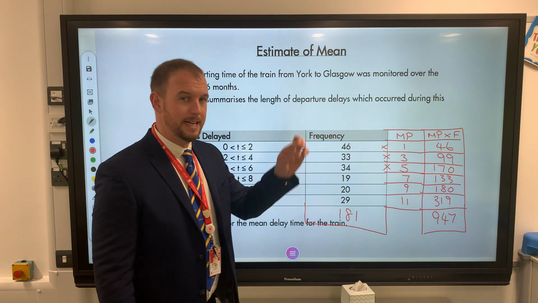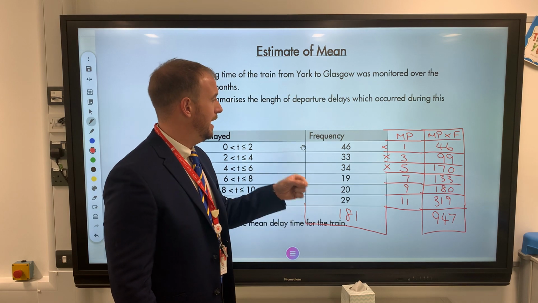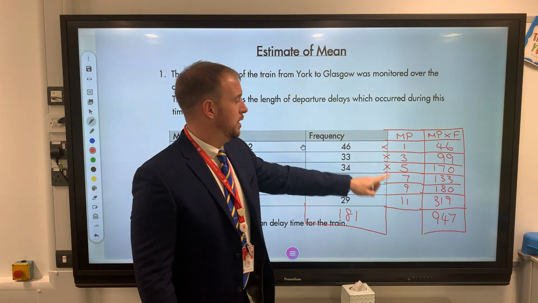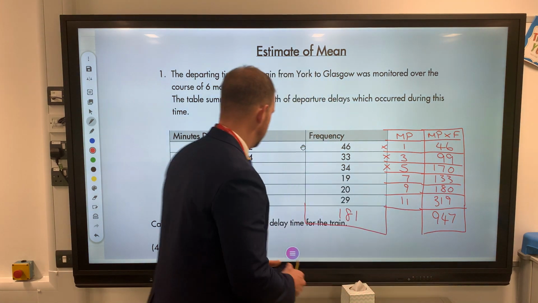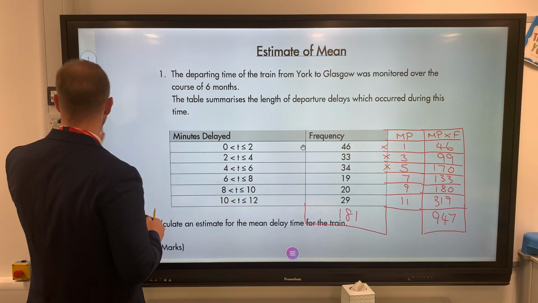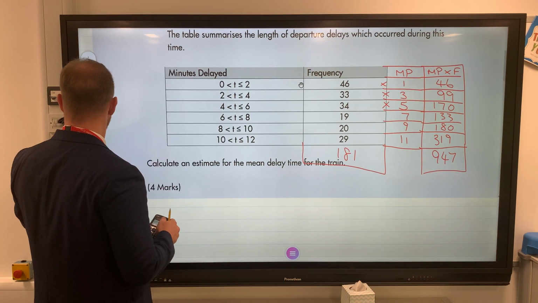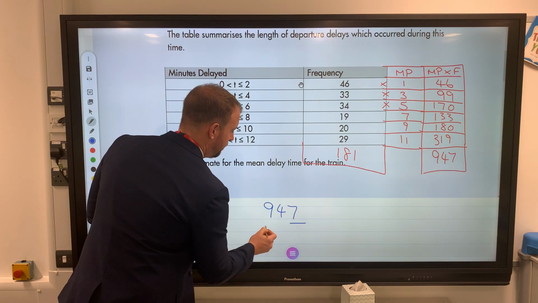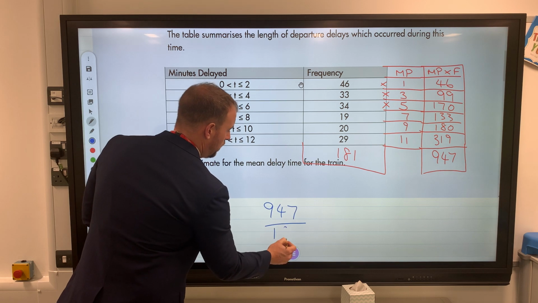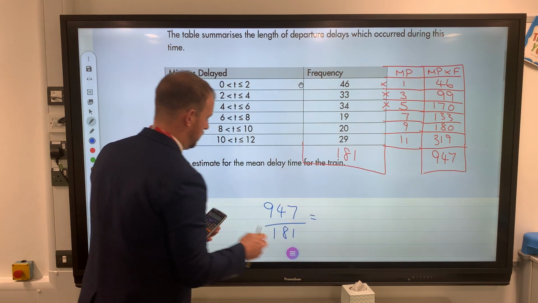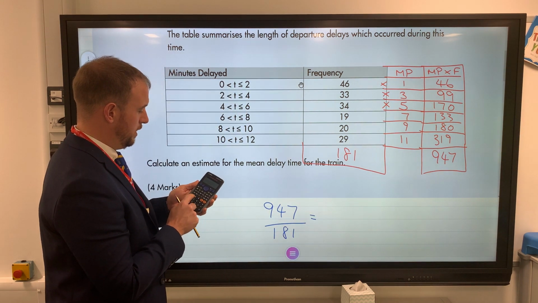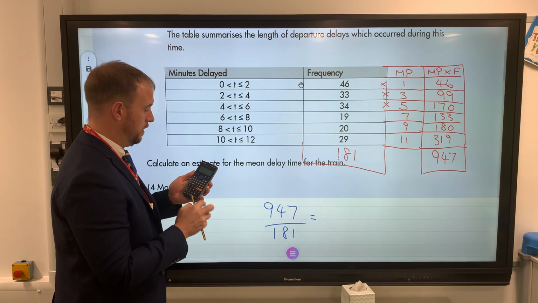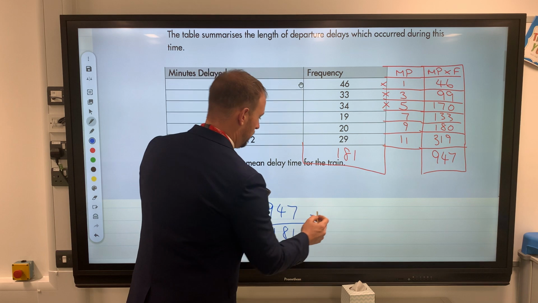So to work out our estimated mean for the length of departure delays, we have 947 divided by 181. 947 divided by 181 is 5.2.